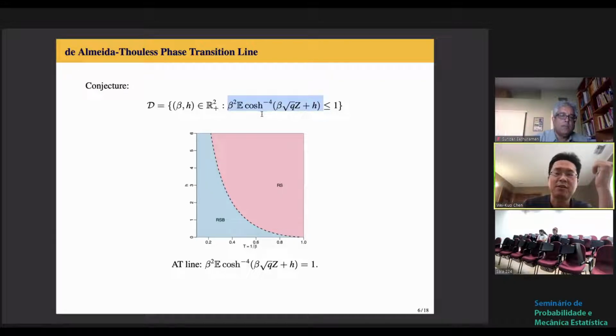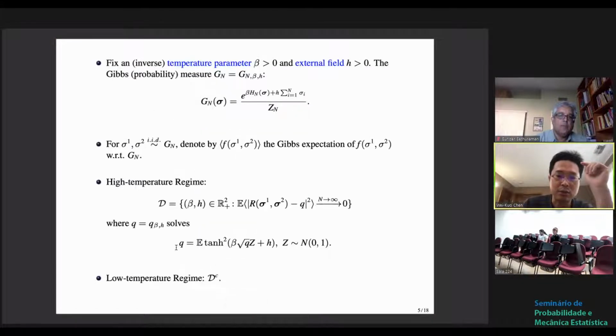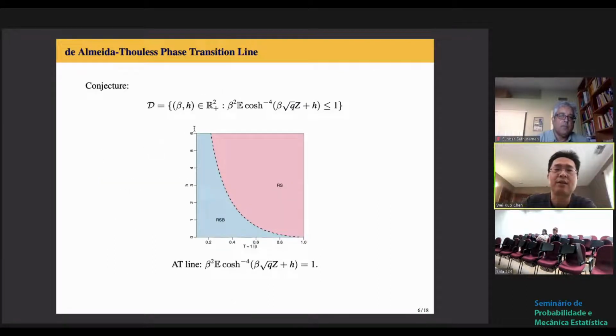Let me remind you that here I have a Q, and this Q also depends on beta and h, as you recall from this equation. So this is the conjectured high temperature regime.